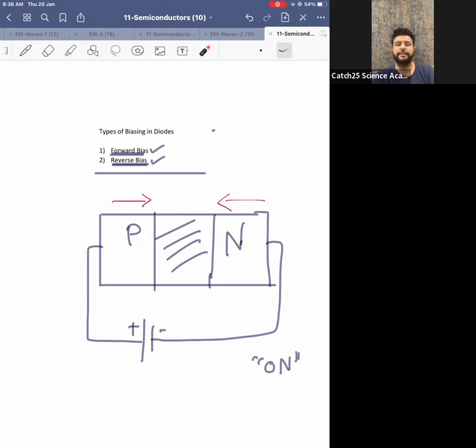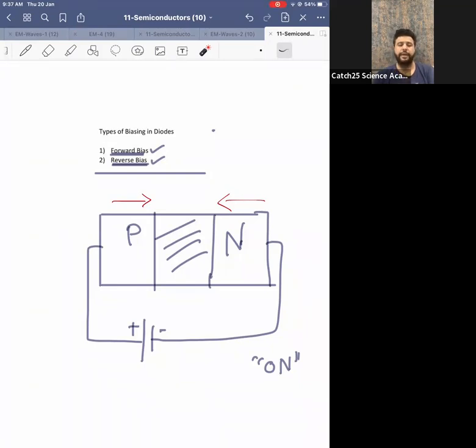This condition is referred to as on condition. Full stop.